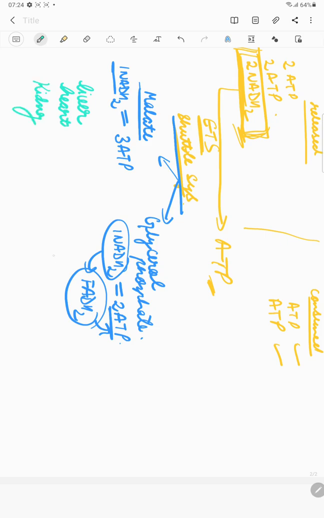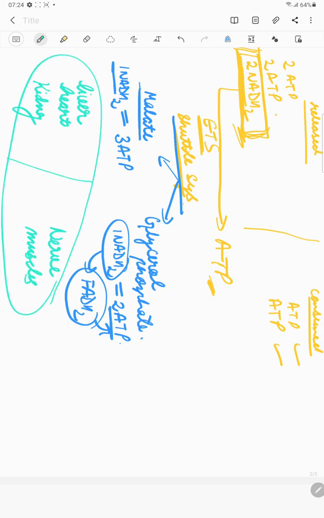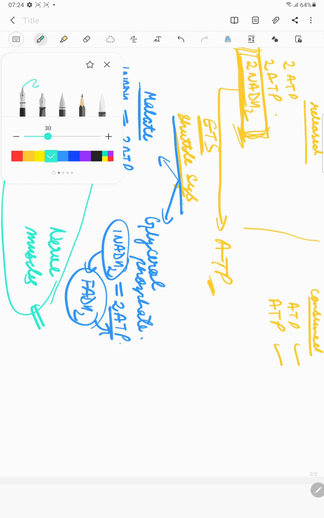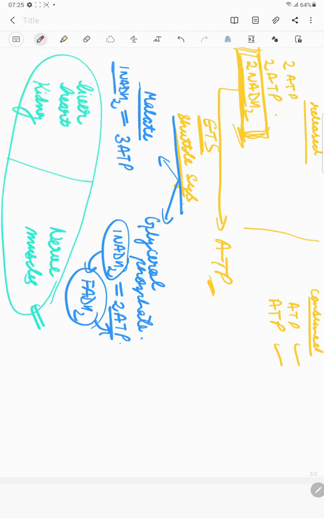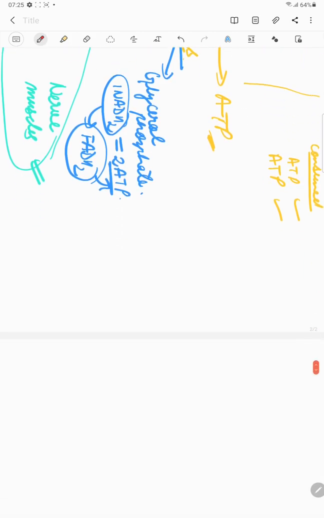And this glycerol phosphate shuttle is found in the nerve cells and the muscle cells. These are really important, as in previous NEET exams these questions have been asked very frequently. Now I'll be changing the slide and we will discuss this again.